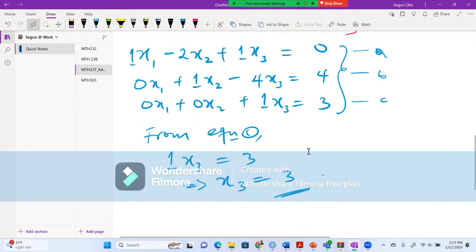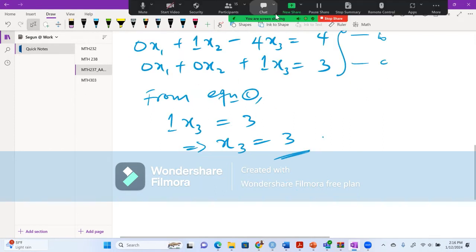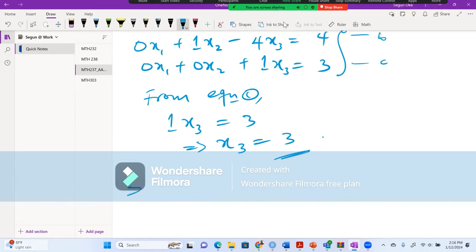So we go to B, because in B we don't have x1. Then we have s2. We can substitute our s3 there to get our s2. Are we together, please? Any question? Okay. Silence means no question, right? So we have 1s2 minus 4s3 equals 4.